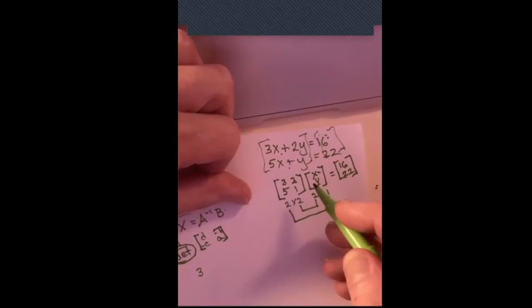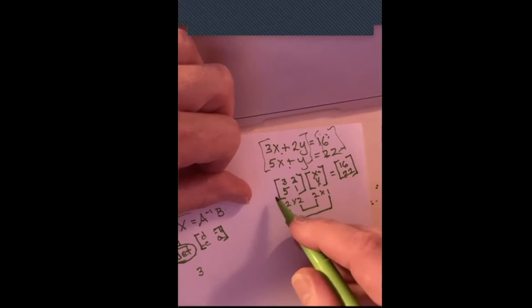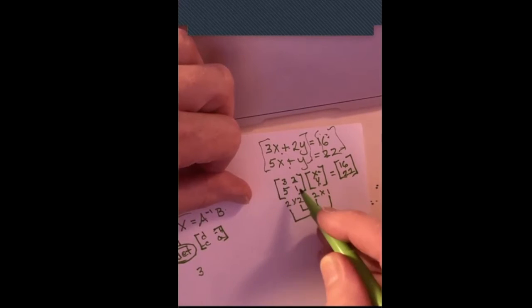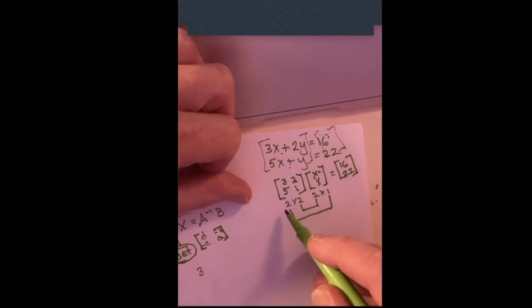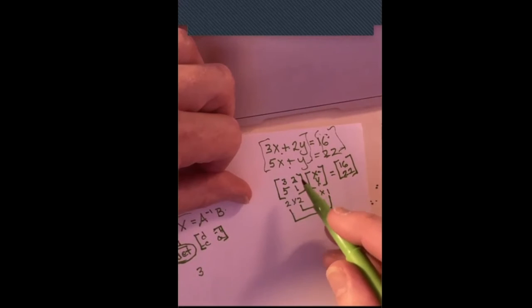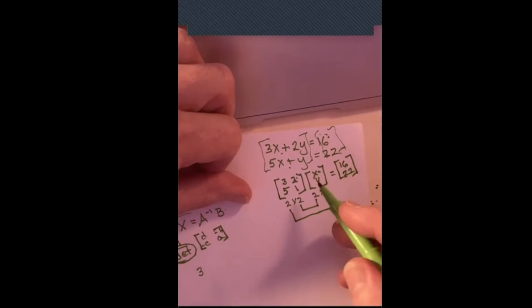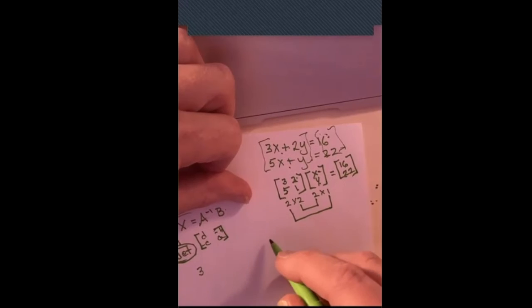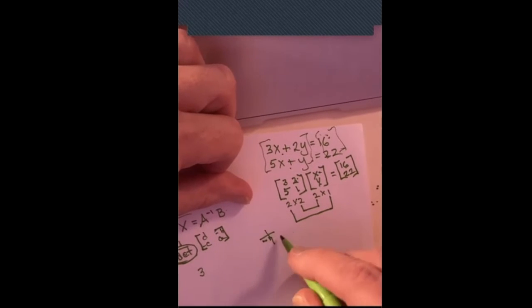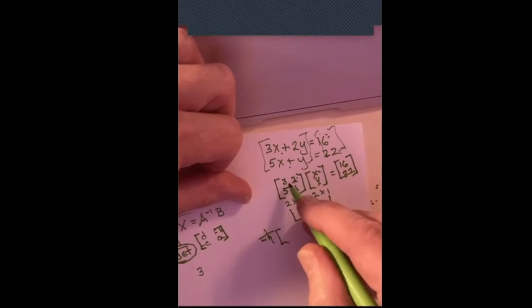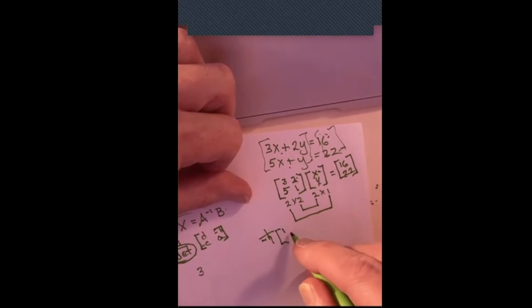So now the next thing we're going to do is try to figure out what's the inverse of this matrix. If I multiply 3 times 1 and subtract 5 times 2, I'm going to get 3 minus 10, so that's -7. And the adjoint here, I'm going to switch these. This will be 1 and 3, and switch the sign of these. This will be -2 and -5.